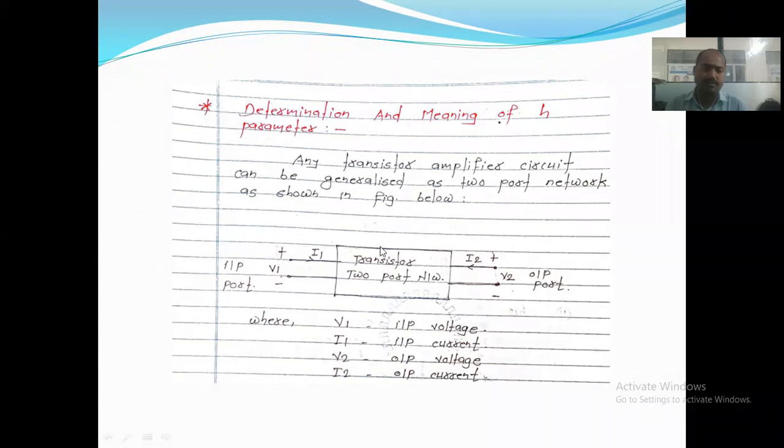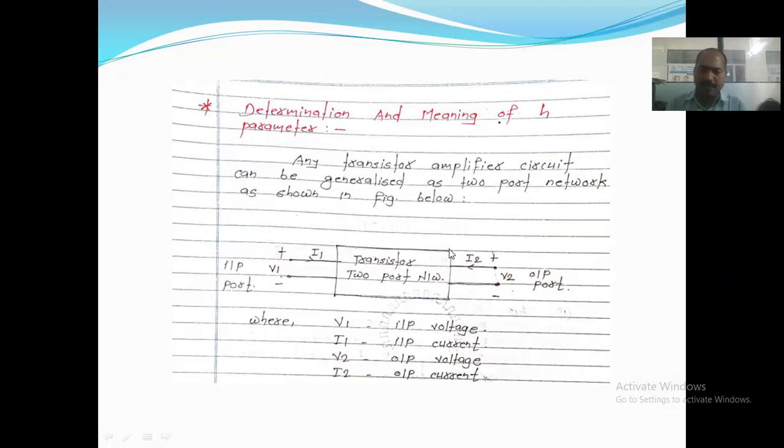So V1 is the input voltage, I1 is the input current, I2 is the output current, and V2 is the output voltage. These are the 4 things with respect to your transistor, right?